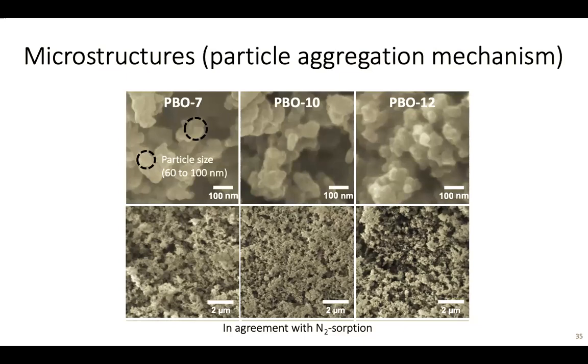The molecular structure and the microstructure of the PBO are in good agreement with N2 sorption. In N2 sorption, based off surface area, we can estimate the particle diameter in the range of 60 to 80 nanometers.